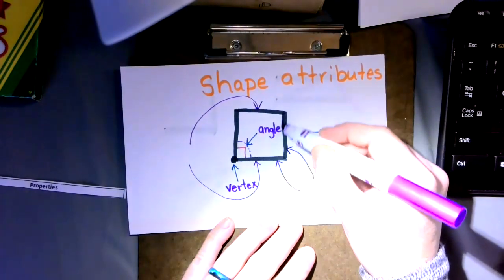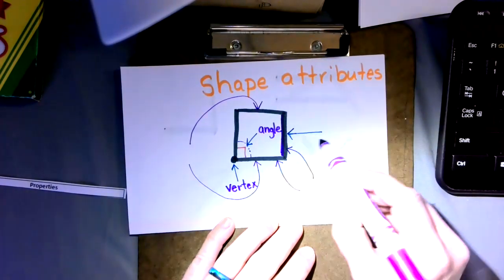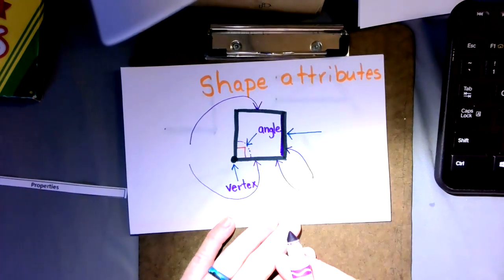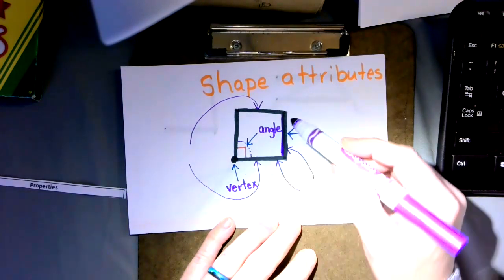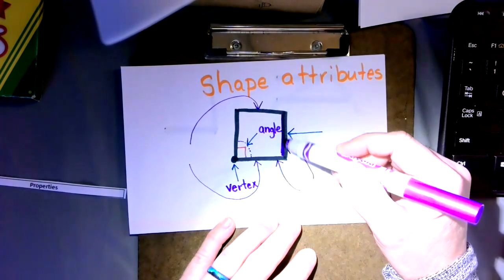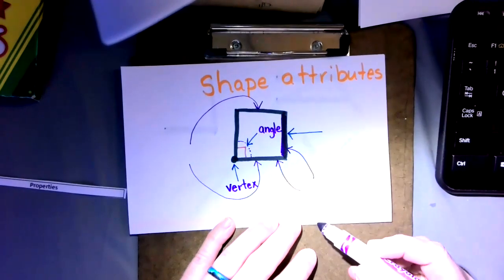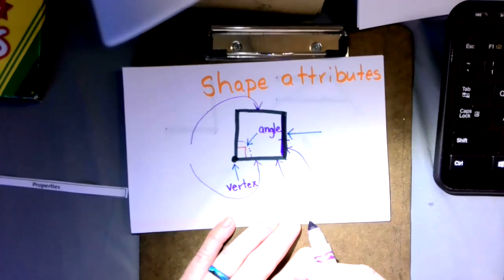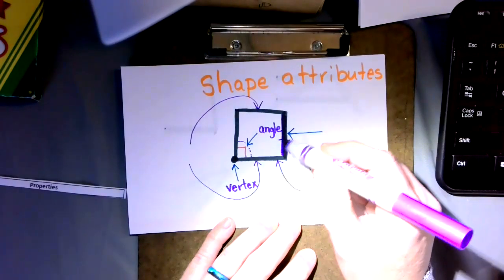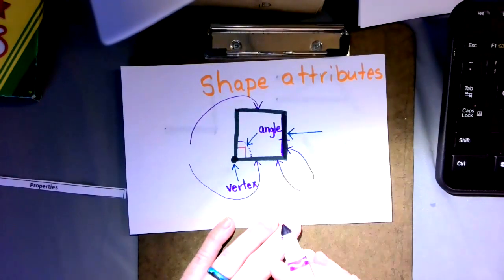Now, what do you call this right here? What is that part called of a shape? Any kind of shape, any kind of polygon. This is called the angle. You count how many angles. We're going to start here. Go 1, 2, 3, 4. 4 what?